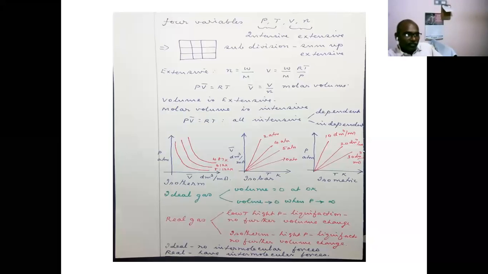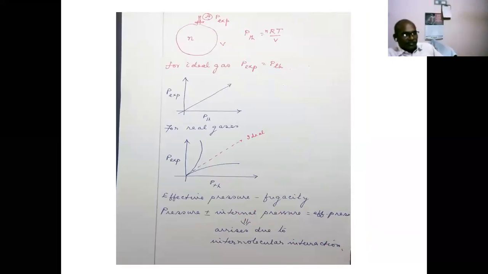And in the isotherm at high pressure also it gets liquefied, and after liquefaction there is no appreciable volume change. Therefore, ideal gases do not have intermolecular forces, and real gases have intermolecular forces. And this is a qualitative comparative study of ideal gases and real gases.